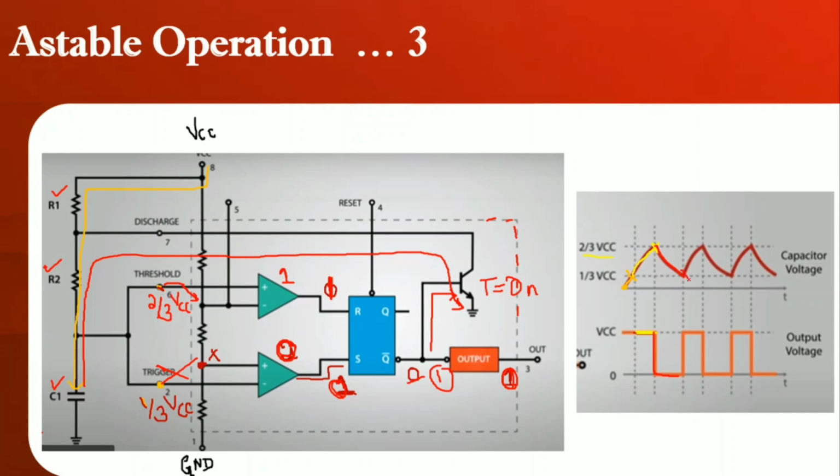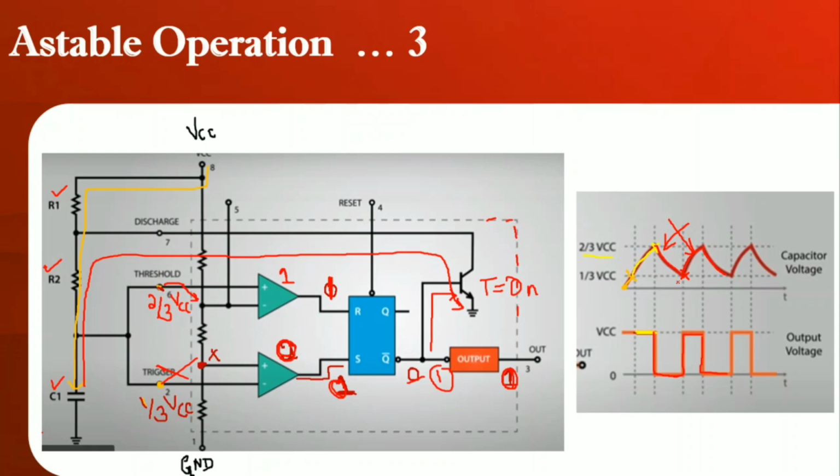Once it reaches 1 by 3rd of VCC, your output will rise to 1. Hence the capacitor will charge again, then start discharging again, and your output will go to 0. So this is how the charging and discharging of the capacitor takes place in an astable multivibrator.